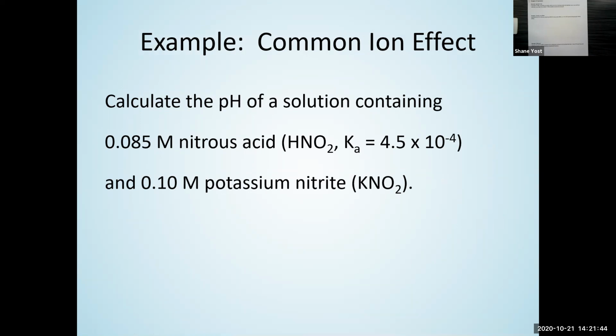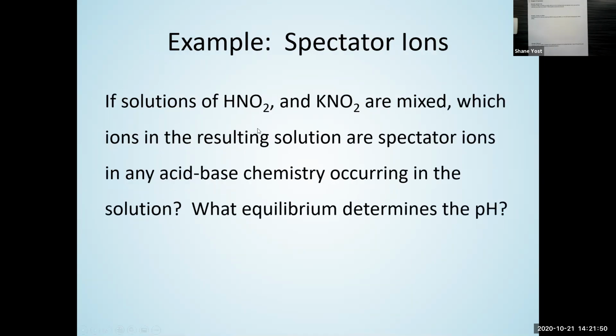So let's see here. The question on Zoom here is, was that one chosen because it has no spectator ions? So HNO2 and its equilibrium is chosen to be the equilibrium that determines the pH just because it's an acid, and so it itself is going to determine the pH, right?